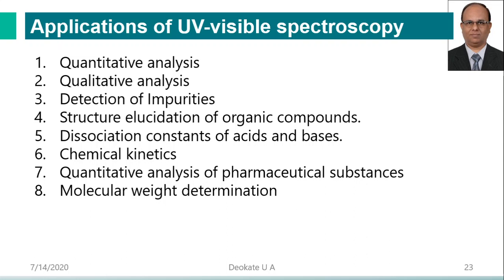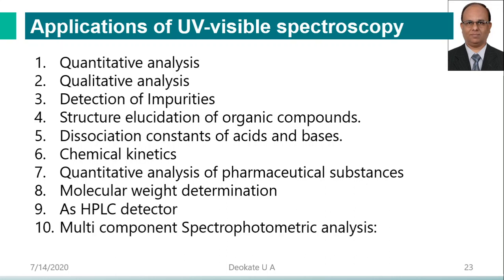Molecular weight can be determined by using UV visible spectroscopy. The next application is that it can be used as a detector in HPLC, that is high performance liquid chromatography. The sample which is coming out from the column as separated species can be detected using a UV visible spectrophotometer. So it is used as a detector.